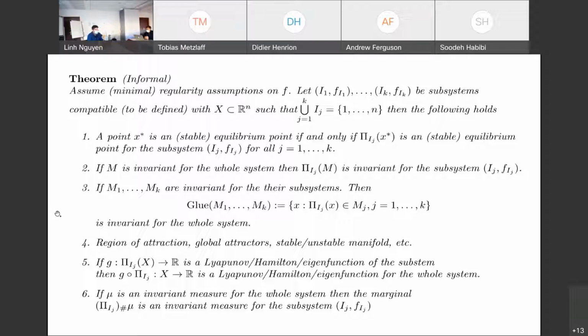But as long as we know that an invariant set of the whole system exists, then this guarantees us that this gluing procedure is non-empty, as long as we look for the right object. But you're totally right, this can be empty. But as long as you search for the right object, then the existence of that object for the whole system guarantees that I can find objects in the subsystems such that the gluing procedure gives us the object I want, and it won't be empty.